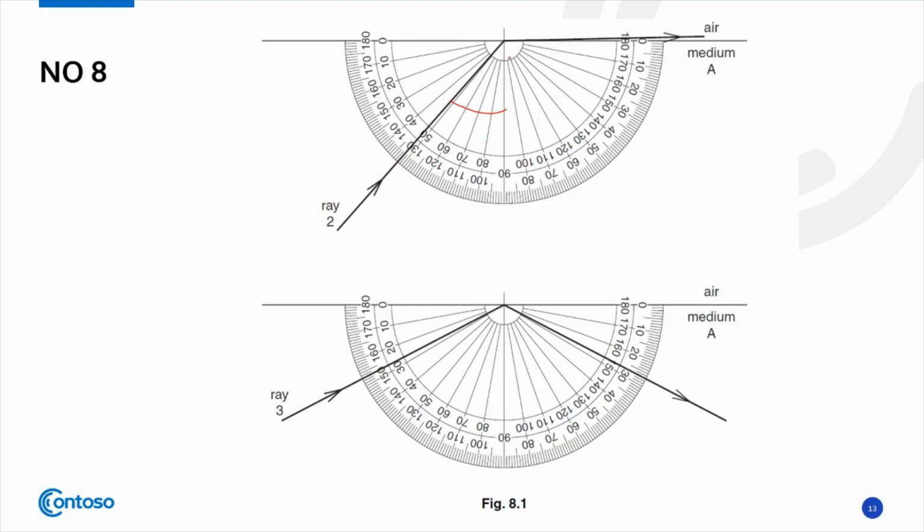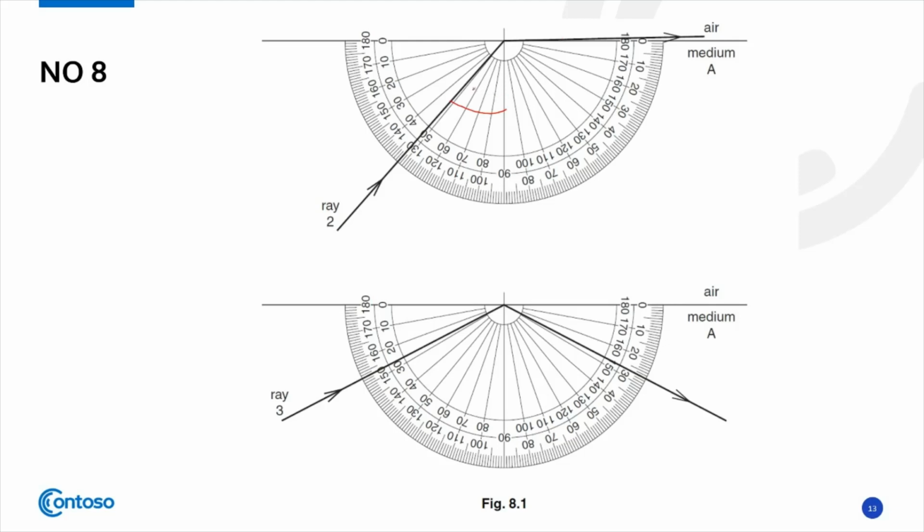For the angle of incidence 42 degrees, the angle of refraction is almost 90 degrees. The definition of critical angle is the angle of incidence which produces the angle of refraction exactly 90 degrees.